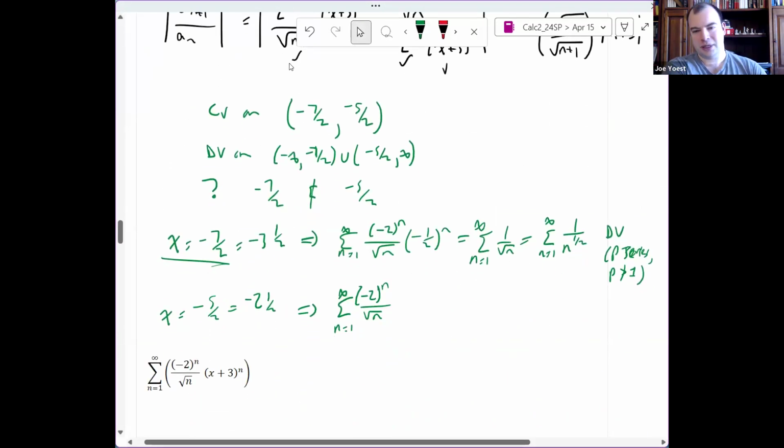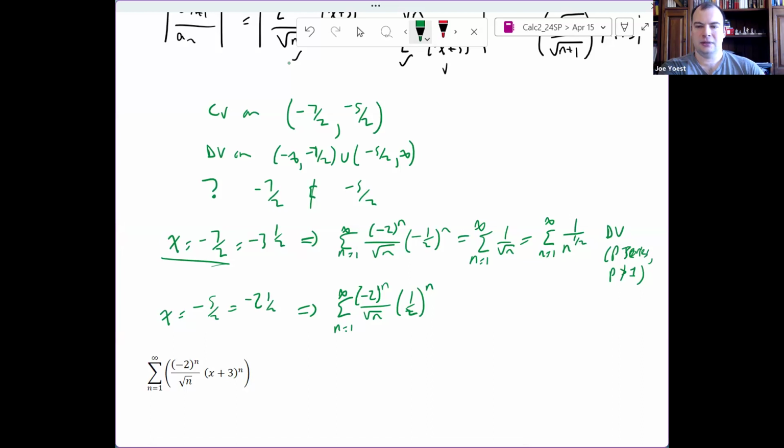Negative 2.5 plus 3 is plus 1/2 to the n. Negative 2 to the n is negative 1 to the n times 2 to the n, over 2 to the n. This is sum negative 1 to the n over root n, and those 2 to the n's went away.